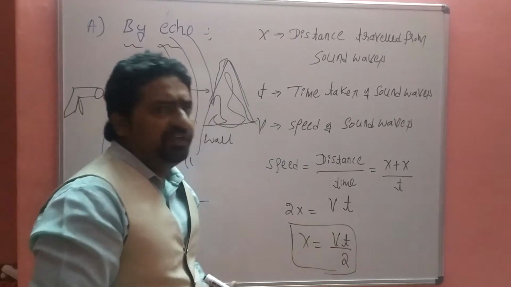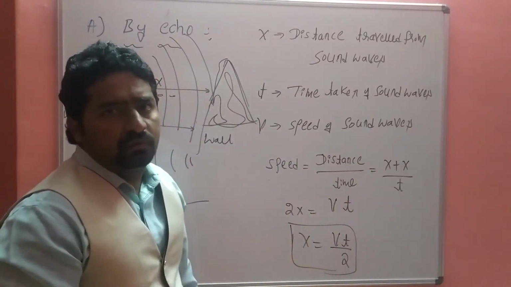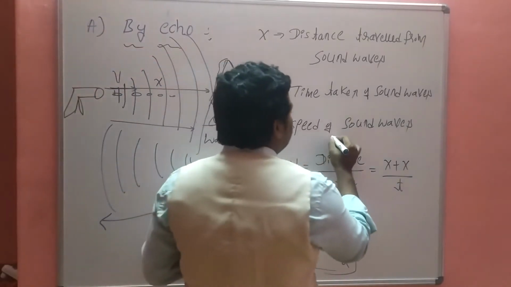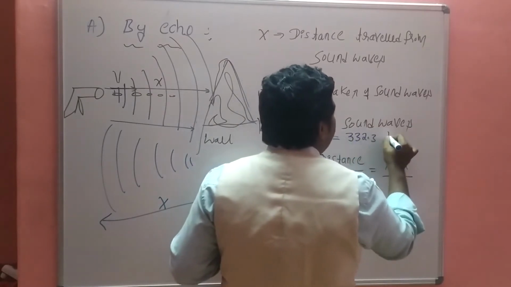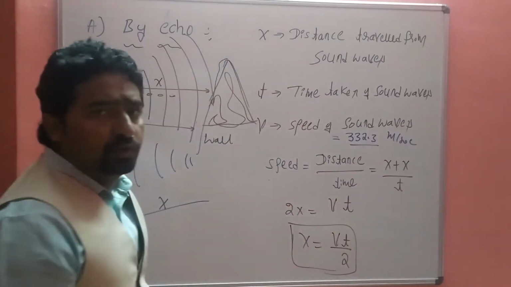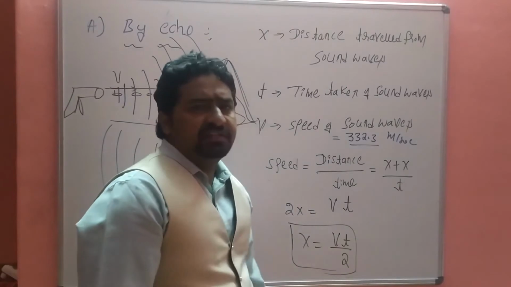So look at this one. V is the speed of sound waves, you know very well. The speed is equal to 332.3 meters per second. This is the value of the speed of sound waves in general. Then t is the time taken.